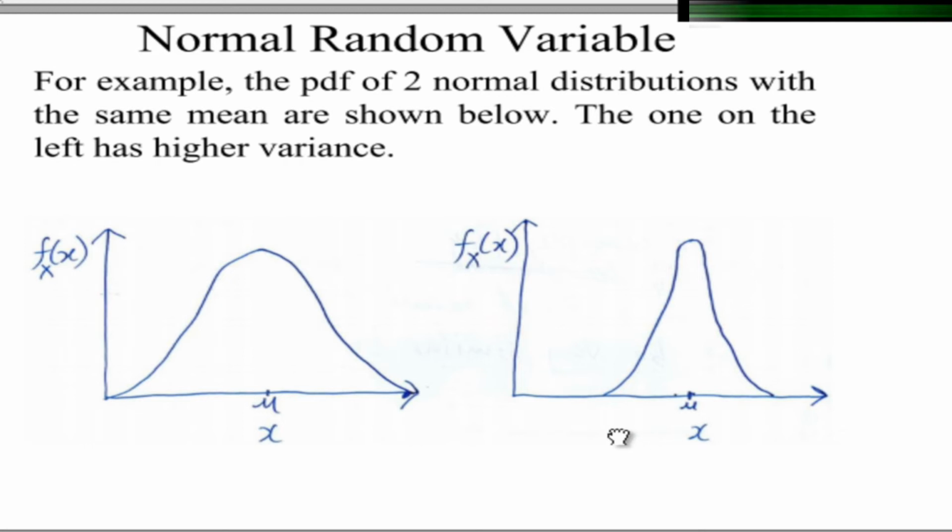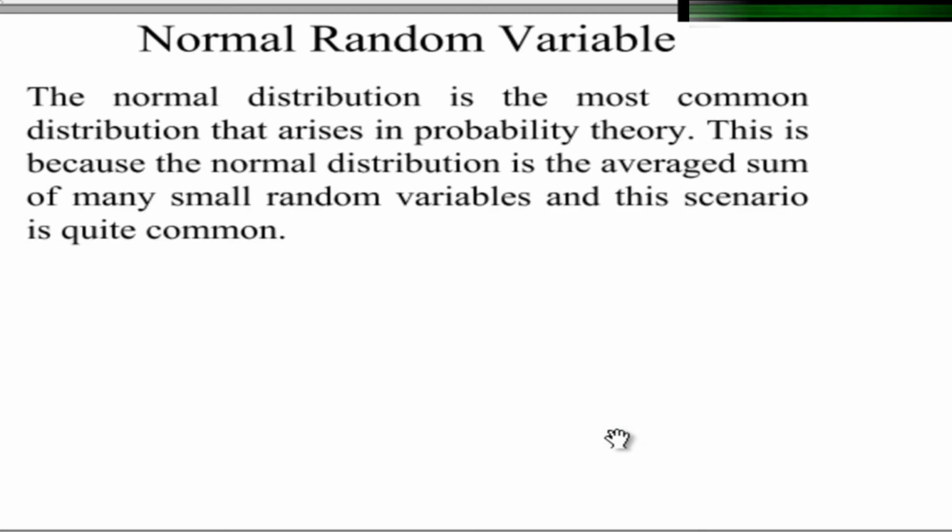Okay, let's move on. The normal distribution is the most common distribution that arises in probability theory. I have told you that it is not only used in probability theory, but in communication systems, in digital signal processing, in every aspect of your life and everywhere. If it is any pandemic, if it is any disease, if you are talking about the intensity of any event, each and everything will follow the normal random variable.